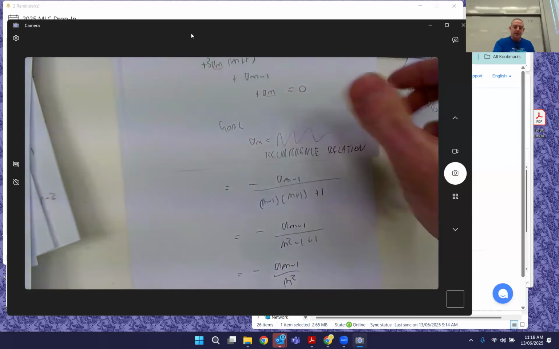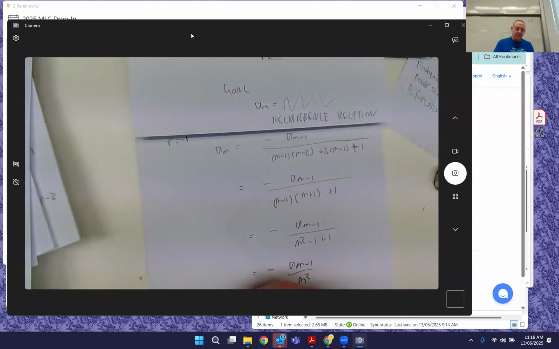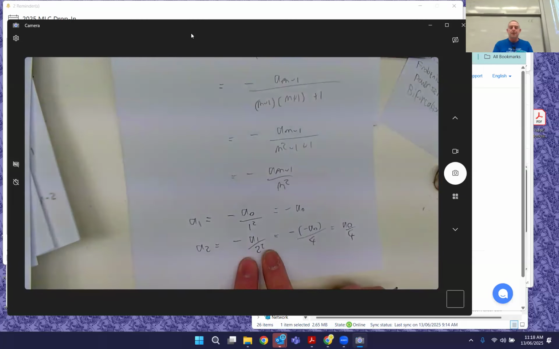Yeah. And so this is telling me that a_1 is minus a_0 over 1 squared, which is minus a_0. And a_2 is minus a_1 over 2 squared, which is minus a_0 over 4, which is a_0 over 4. Yep.